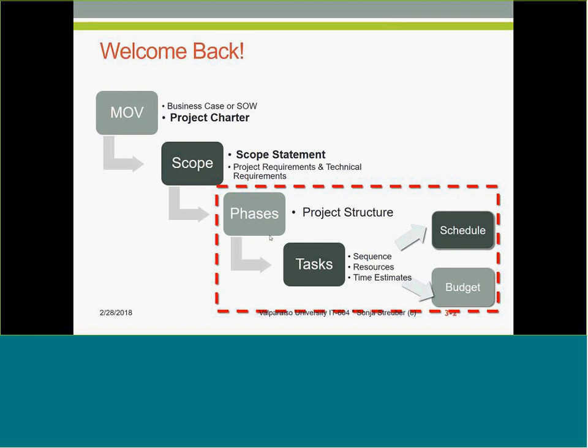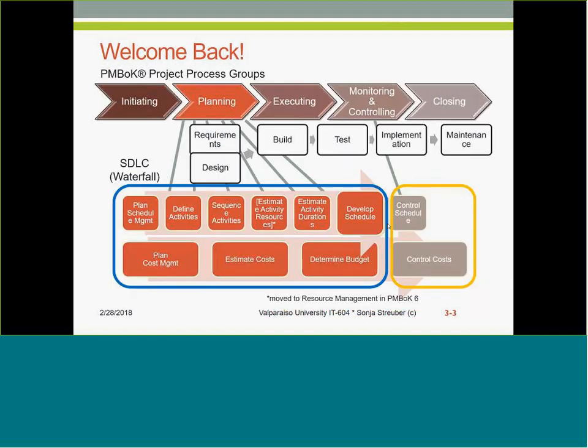So in the past 2 weeks, we've talked about how to arrange schedule and budget based on how we structure our project, either with a waterfall structure, that was 2 weeks ago, or with any of the agile structures that are available to us at this point.